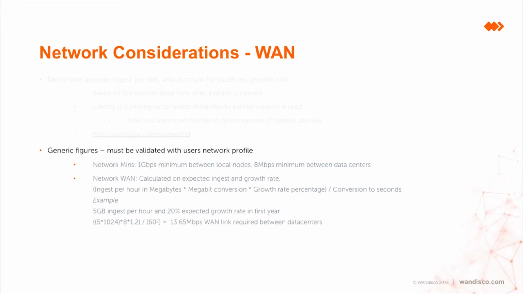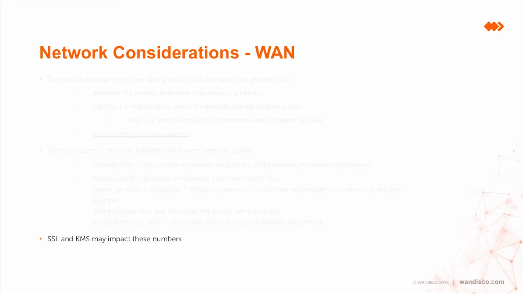In this example, a 5 gigabyte ingest per hour and a 20% expected growth rate in the first year would be: 5 times 1024 to get your megabytes, times 8 for an 8-hour day, times 1.2 for the growth rate, divided by 60 squared to convert to seconds. You'll get a 13.6 megabytes per second WAN link required between data centers.